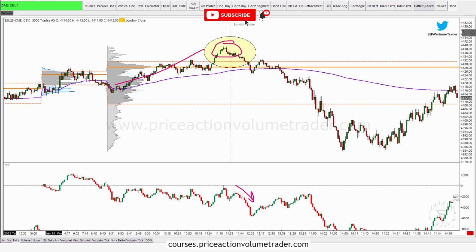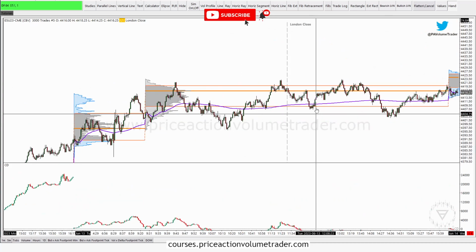Another divergence here with cumulative delta. You can see aggressive buyers pushing this up, and yet the price was just basically making a lower low while we were making a higher low here. So that means the large limit orders are in control here, just absorbing all this aggressive buying and pushing price lower.